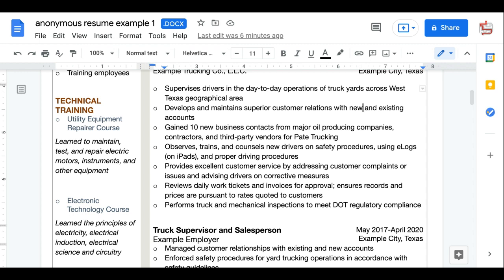So make sure to put as much of the juicy meaty content on the first page because that may be all. You want to make it complete because the hiring manager or your future manager will definitely read all of the content that you submit. But as far as like the HR person or maybe an admin or something like that, they may only look at the first page so just be aware.